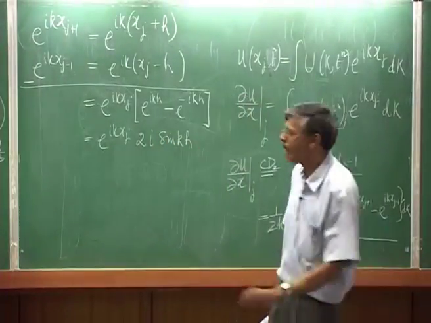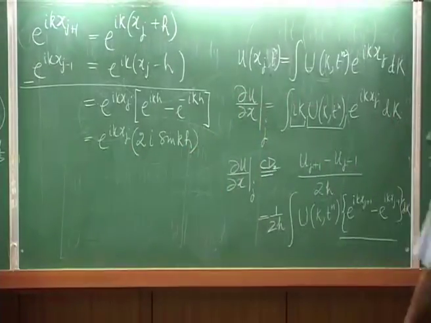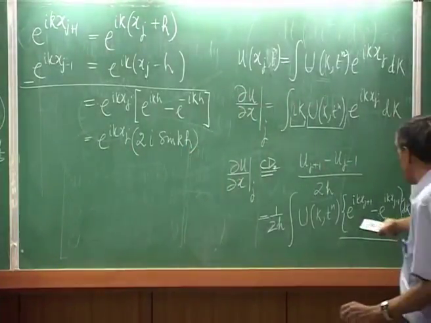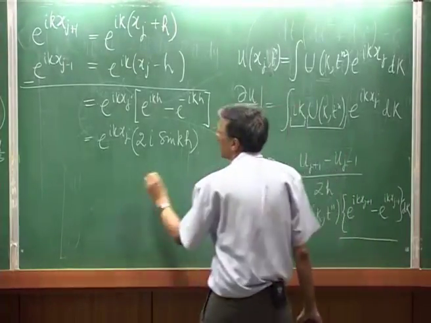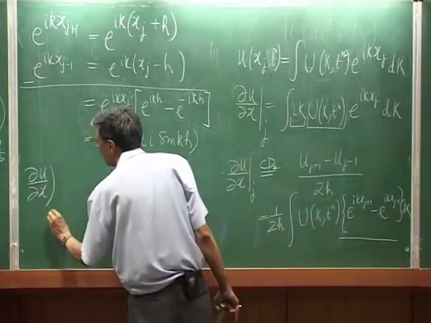Agree with me? 2i sin kh. So, what actually has happened here? From here, I can write in a discrete form what I have done.